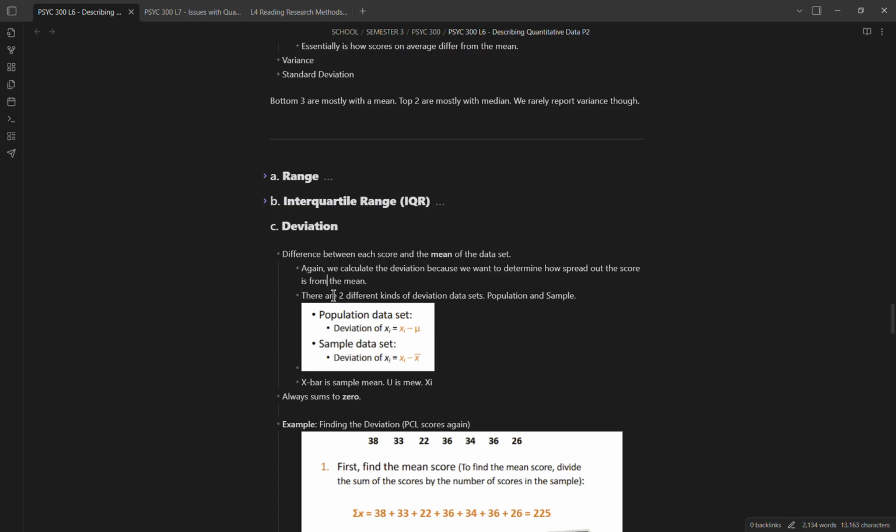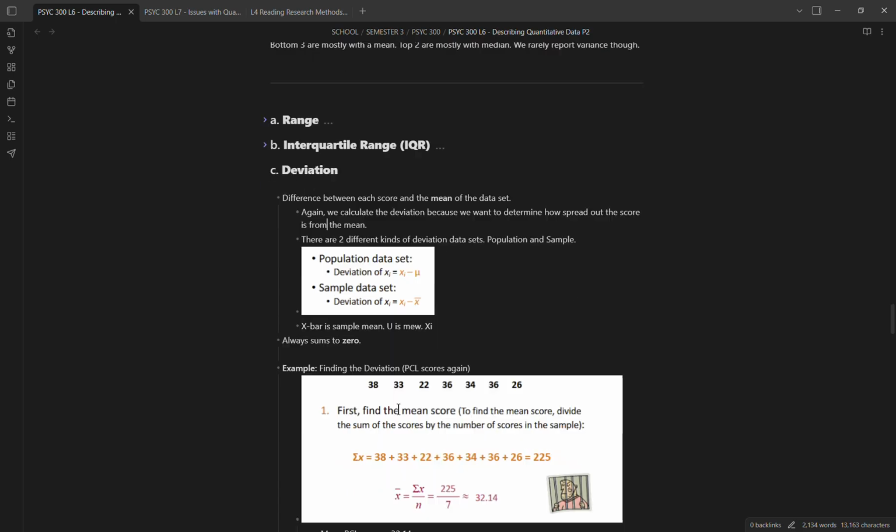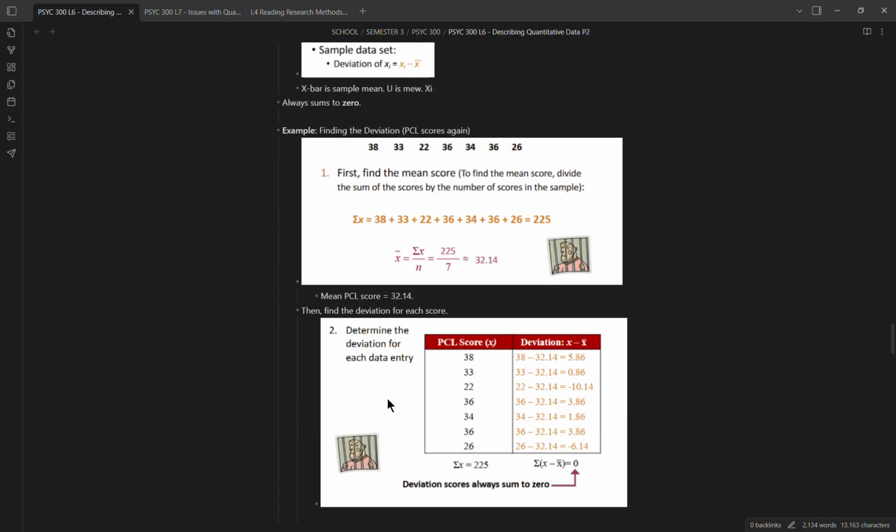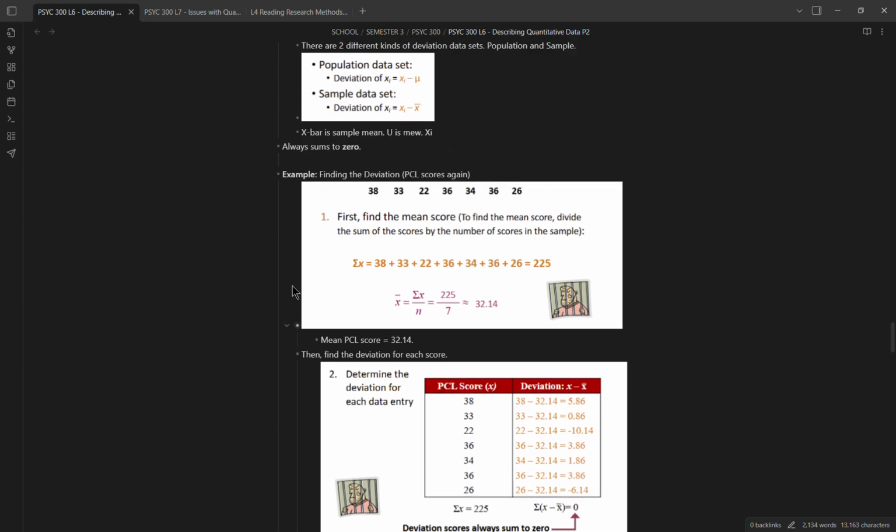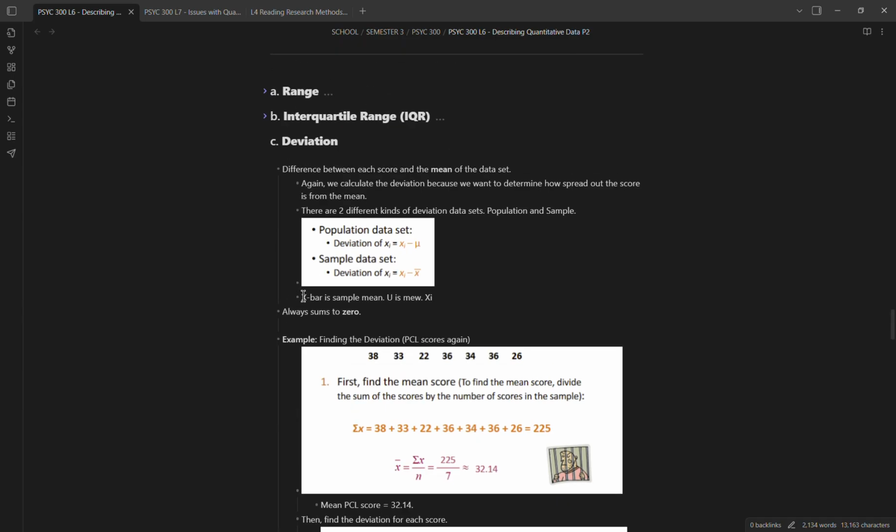There are two different kinds of deviation data sets, population and sample. For the population data set, what would xi be? I think it's just our data.